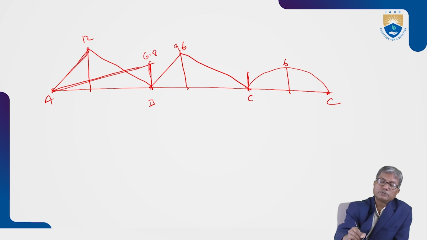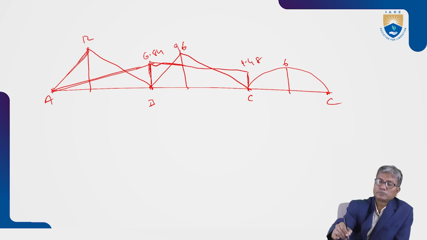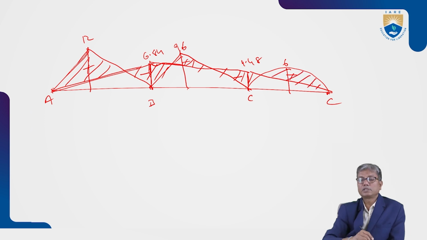Join these two, and join this with C. So here is the net bending moment diagram, the hatched portion.